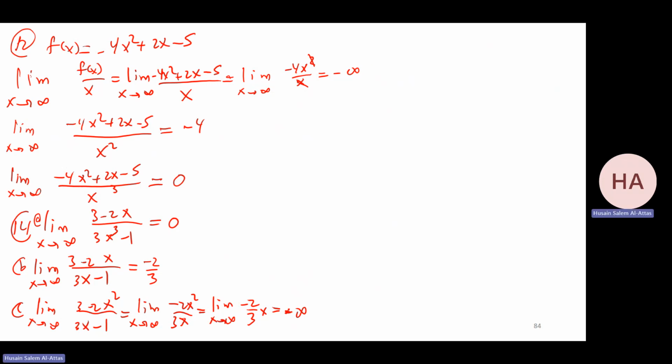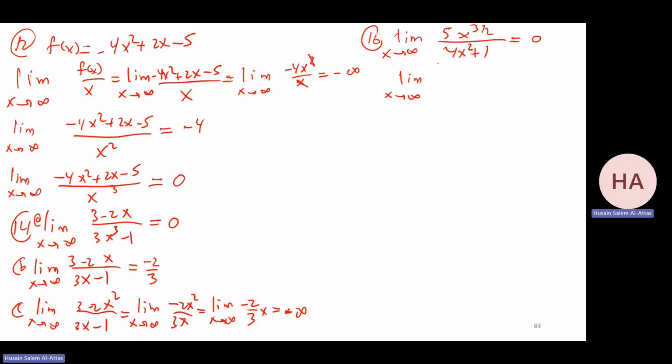This is 14. 16, same idea. You want to do this with these functions. Limit as x goes to infinity, 5x to the 3 over 2 over 4x squared plus 1. This will be 0. Why? Because the numerator degree is less than the denominator degree. You can divide by x squared.